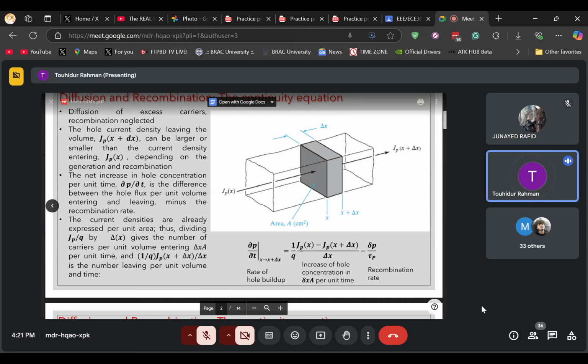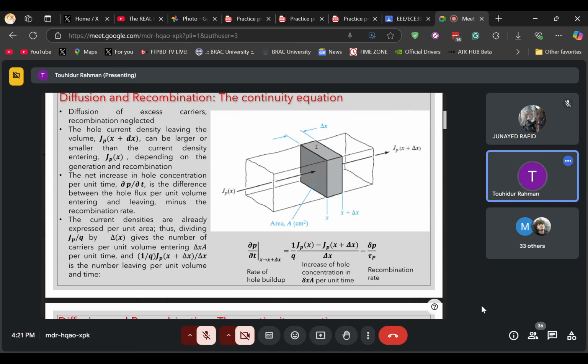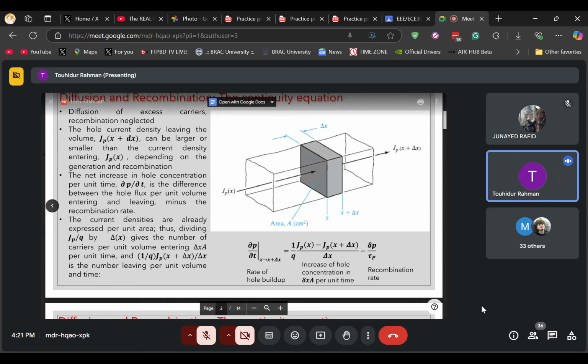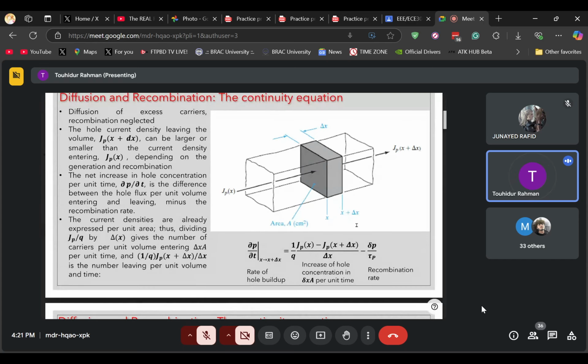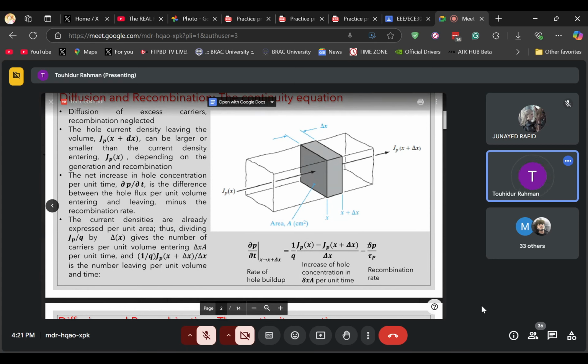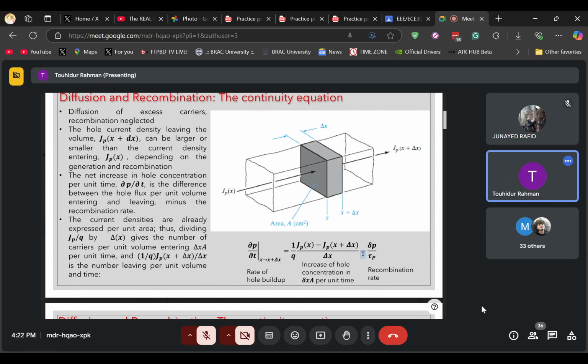Because of the current difference, holes are building up. However, because of the recombination, we are losing some holes, just like the leakage in the water tank. So we have to subtract the recombination from the buildup. The final buildup equation should look like this.